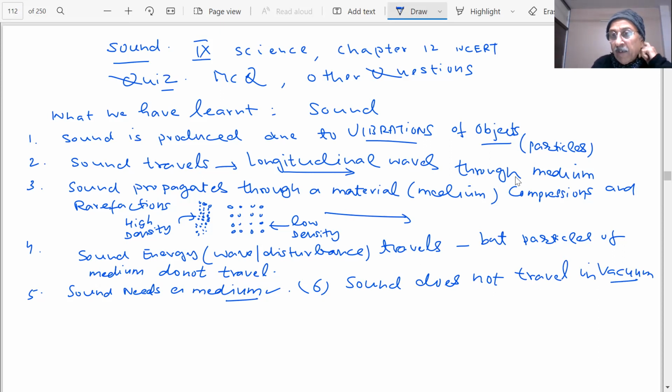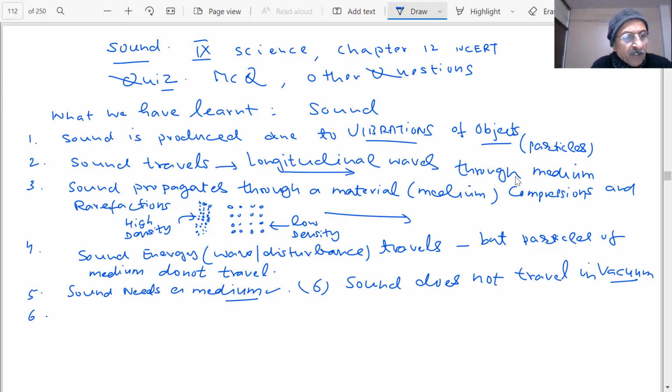If I remove all the material, then there will be no sound. The density changes from maximum to minimum and again to maximum. This continues to make one complete oscillation.